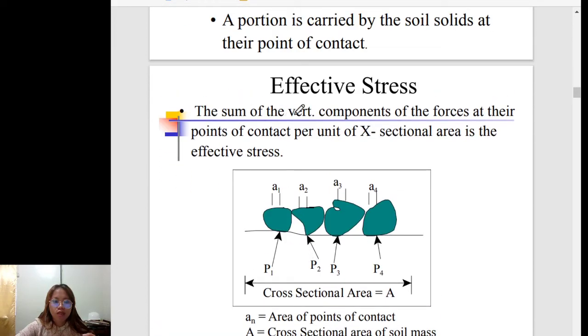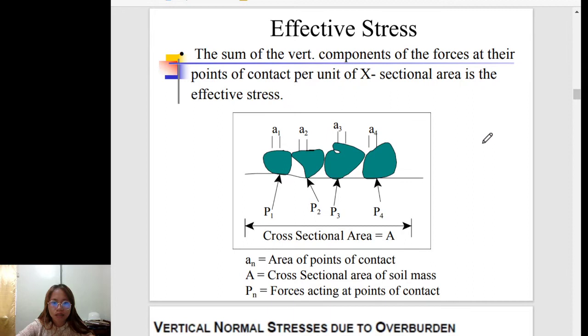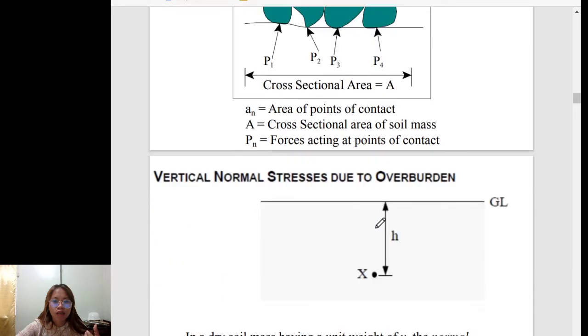So, the sum of the vertical components of the forces at their points of contact per unit of cross-sectional area is the effective stress. If this is the cross-sectional area, the effective stress is the sum of the vertical components of the forces at their points of contact.